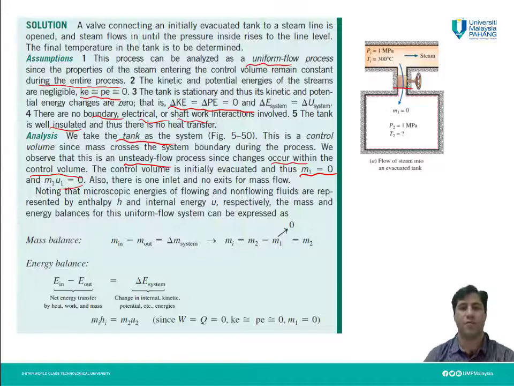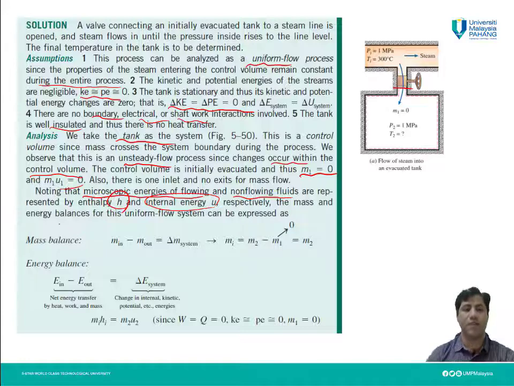So we have this information for the initial state of the control volume. Then the microscopic energy of the flowing and non-flowing fluid are represented by enthalpy and internal energy: enthalpy for the fluid flowing into the tank, and internal energy u for the non-flowing fluid, which we will have after a while inside the tank.